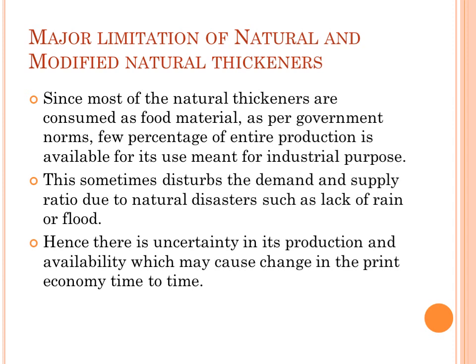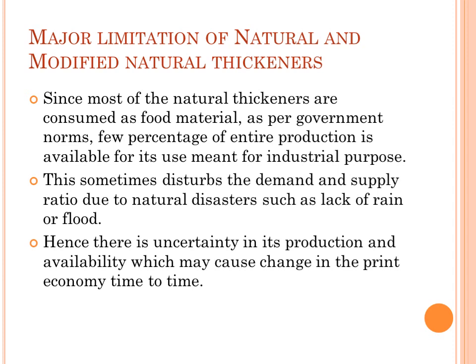So priority is given to food purpose, and later on, if there is excess production, that will go for industrial use. So there is again a limitation in this case. This sometimes disturbs the demand and supply ratio due to natural disasters such as lack of rain or flood. If more rain or flood is there, or if no rain is there, production definitely gets affected.